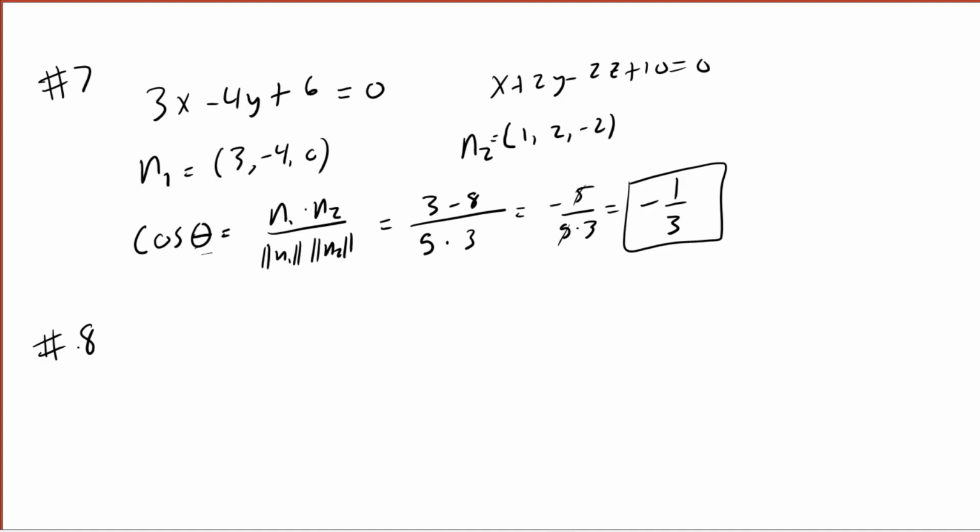Final question. Find a vector function that traces the circle in the xy plane with center 7, minus 3, and a radius of 2.